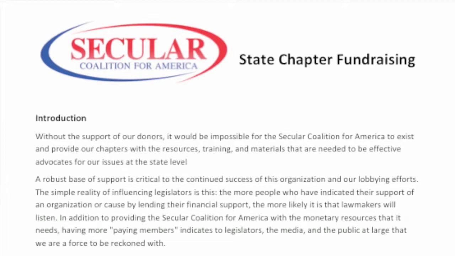So what we're doing at the moment, we've identified 10 states, and of course California is one of them, and we have been talking to people who are involved in the chapter, like Greg Langer and others who are involved in the chapter for California, who would like to help us with fundraising. So we have 10 states, and California is one of them, that we think should be able to help us raise $2,500 over the rest of this year.